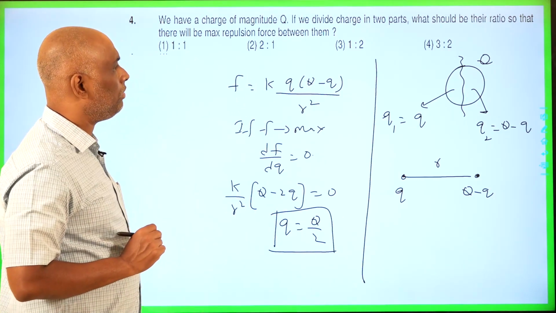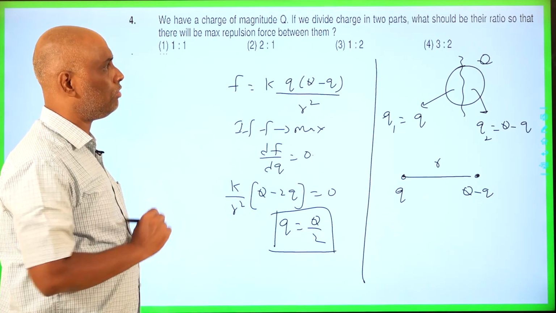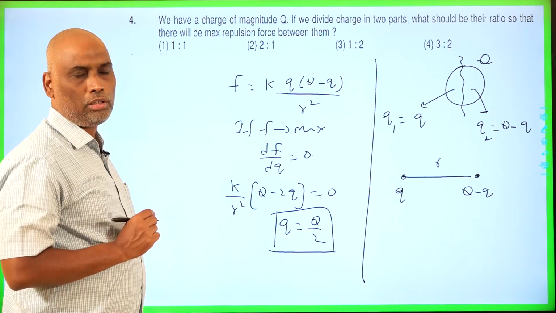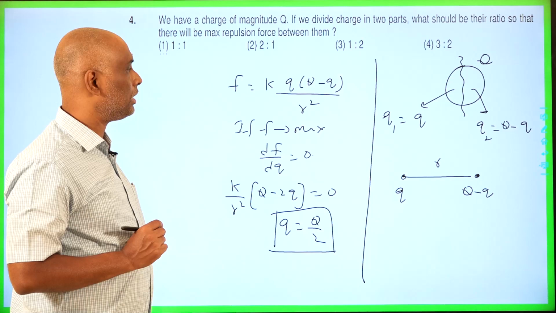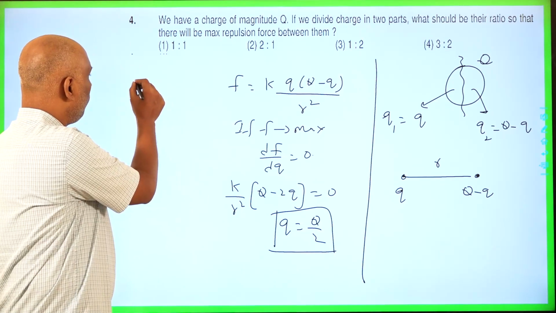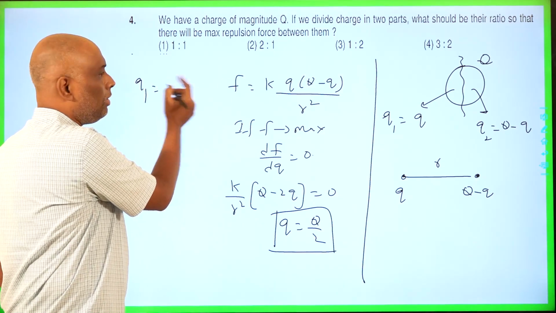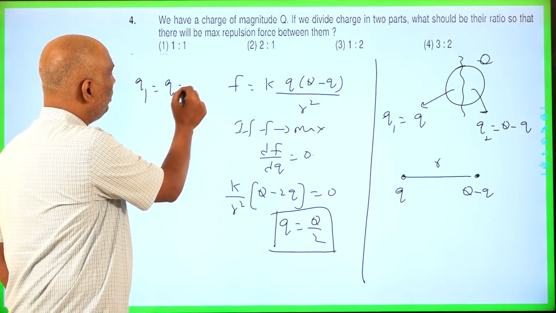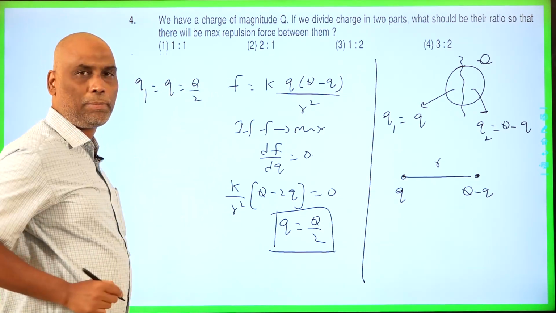That means when we divide the charge into two equal parts, then the force of repulsion between the two parts will be maximum. So the first charge Q1, equal to small q, becomes Q divided by 2.